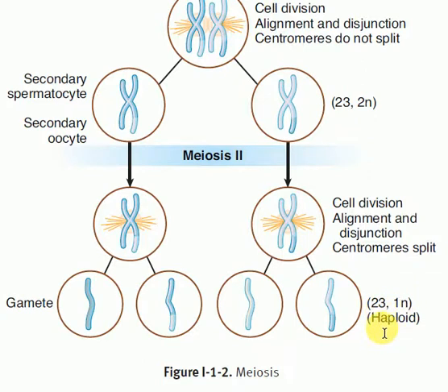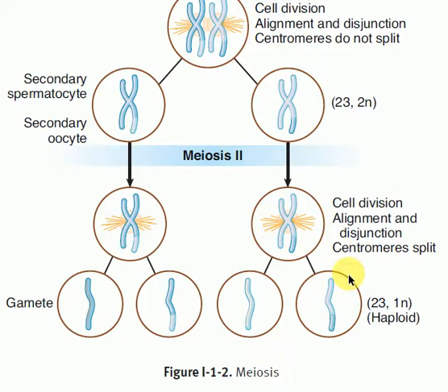Now the number of chromosomes remains the same. It's the same 23 chromosomes, but the amount of DNA has gone from 2n to 1n. The amount of DNA is further reduced to half of what we had here.